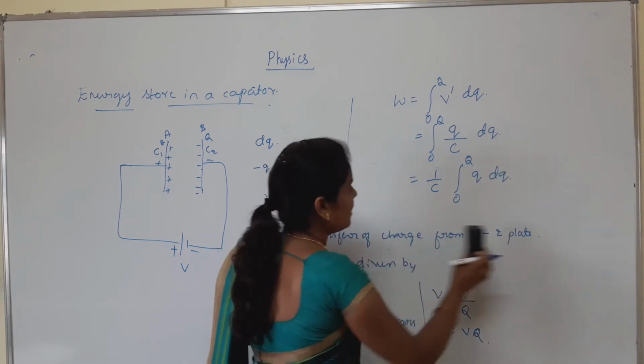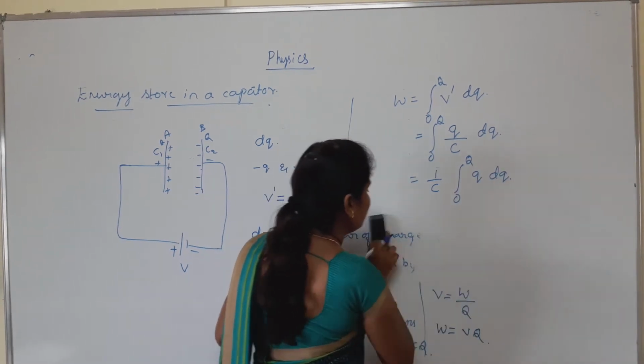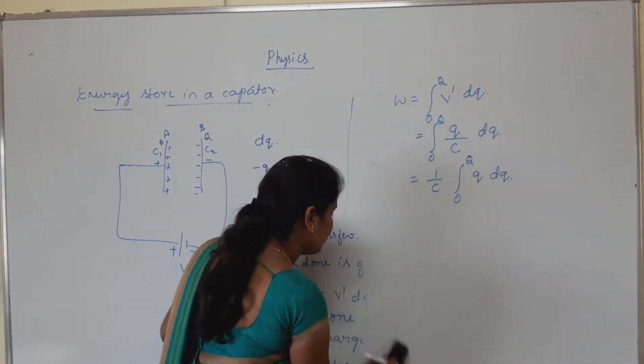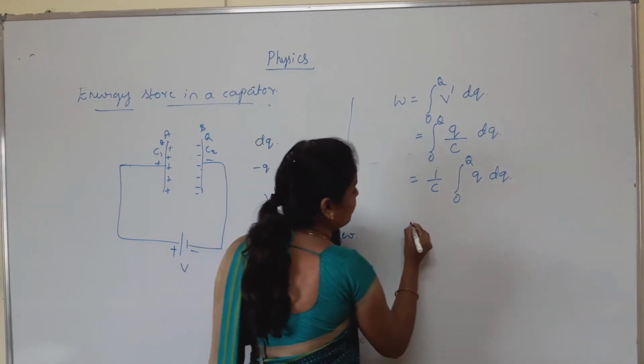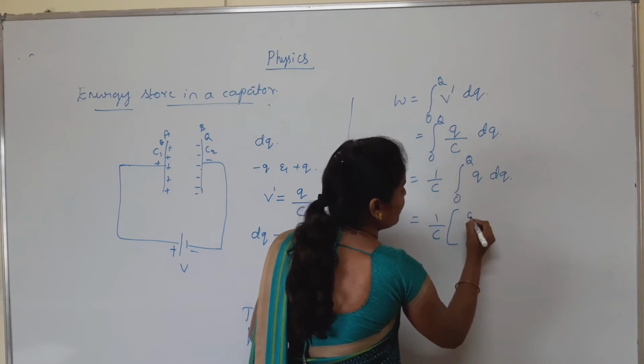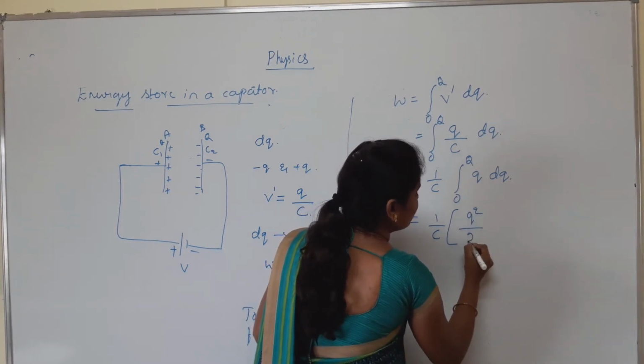Integrating this, we get 1 divided by C into Q square divided by 2, that is 1 by 2C times Q square.